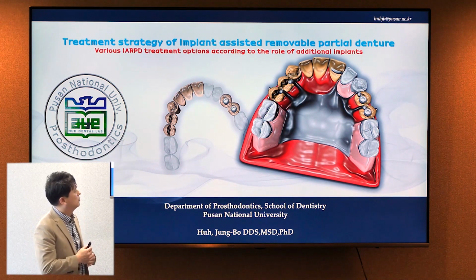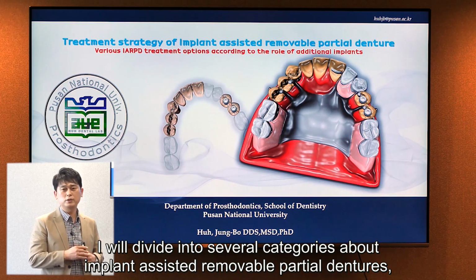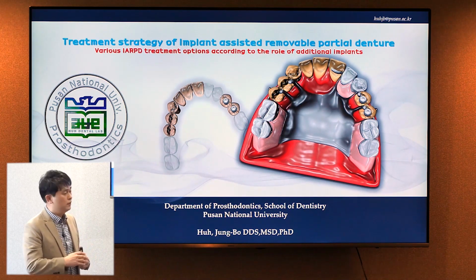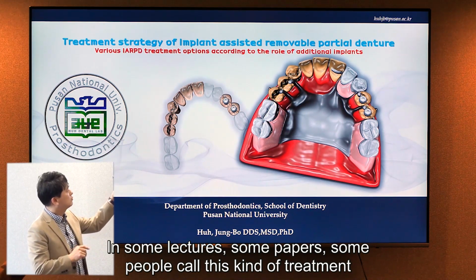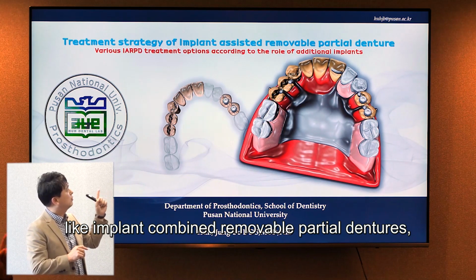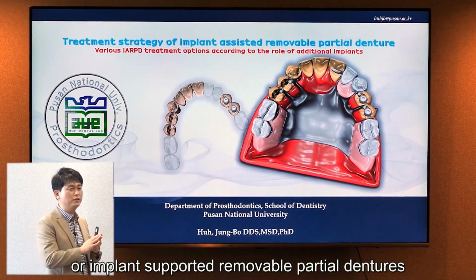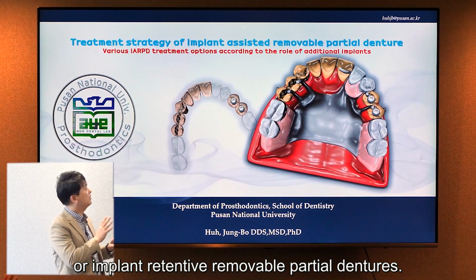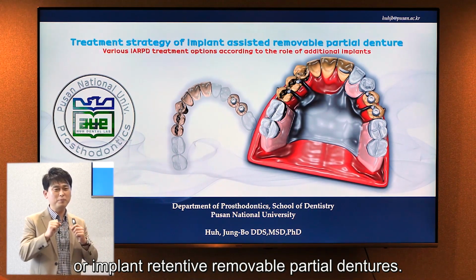So I will divide implant-assisted removable partial denture into several categories, and then I will explain the treatment strategy. In some lectures and papers, somebody said implant combined removable partial denture, or implant supported removable partial denture, or implant retentive removable partial denture.